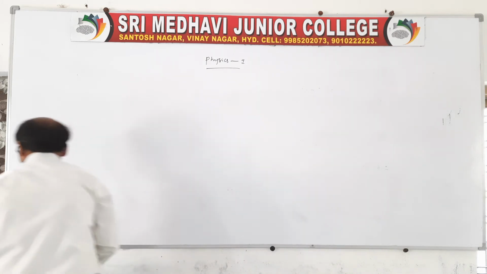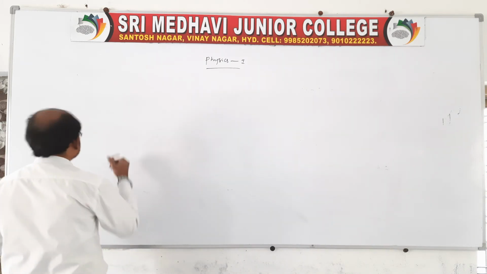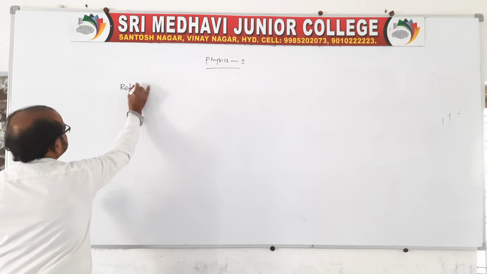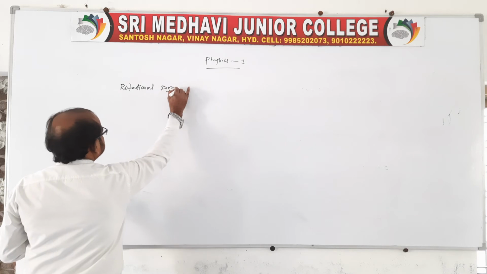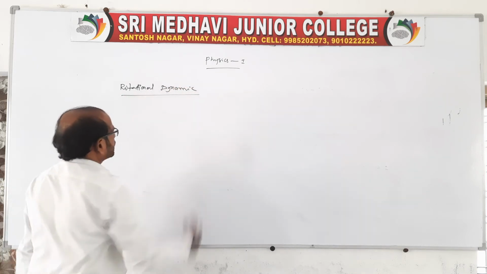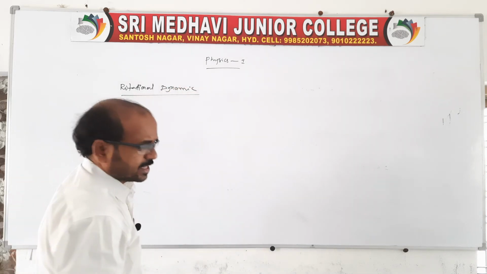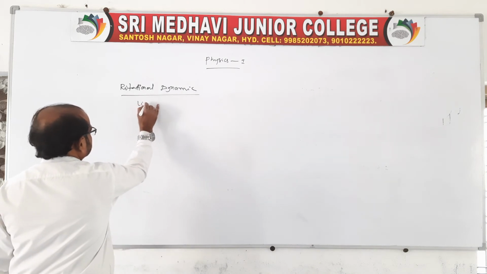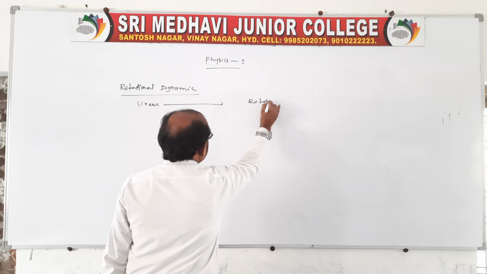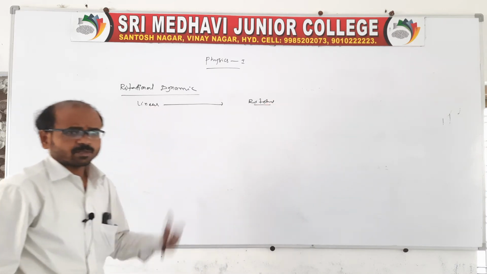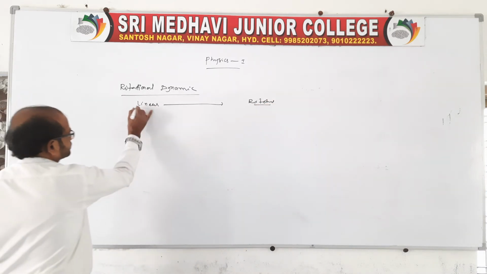There are some similar formulas. Here is the comparison between linear and rotational dynamics. You can also write like this: linear and rotational. Already we told you in the previous classes, some other formulas are also there. That's what I'll tell you.